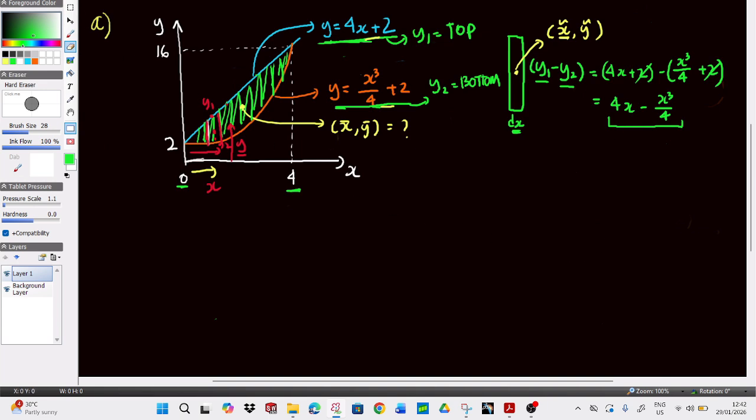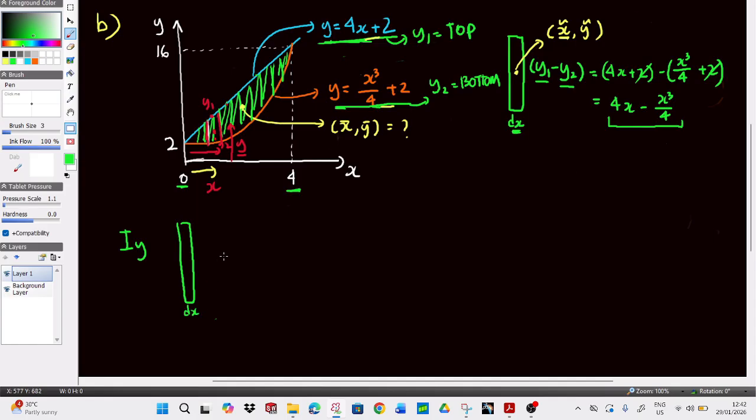I forgot to change this to B, because we're now not doing A anymore, we're doing part B. So for part B, if you want to determine the moment of inertia Iy, the element that we're supposed to use is typically the vertical element with dx.